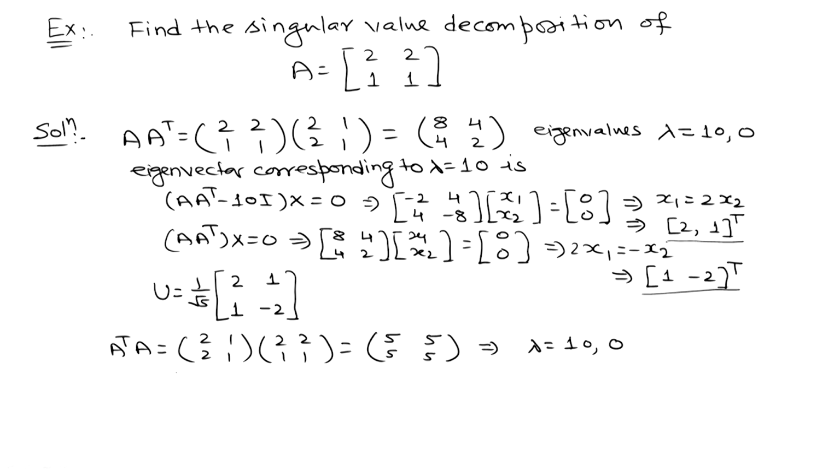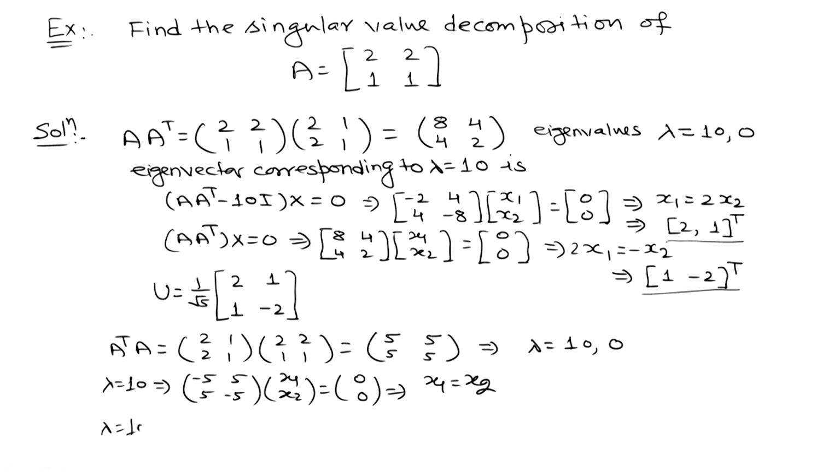Moreover, if I find the eigenvector corresponding to lambda equals 10, this comes out to be minus 5, 5, 5, minus 5, times x1 x2 equals 0 0. This gives me x1 equals x2.